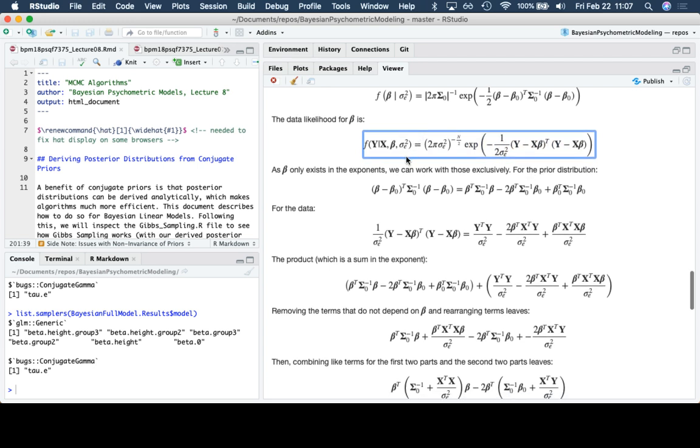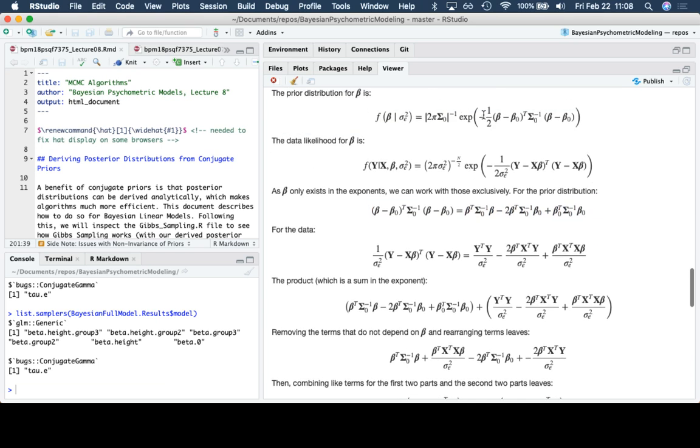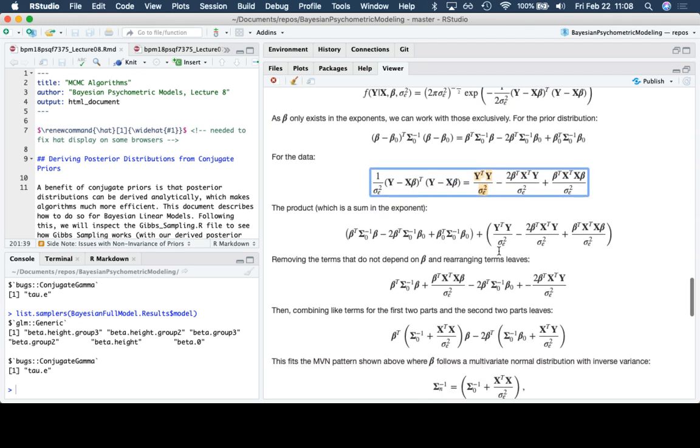And we can note that this part that involves beta can be expanded by matrix product. We can do a similar thing for the data as well. So we expand these matrix products.